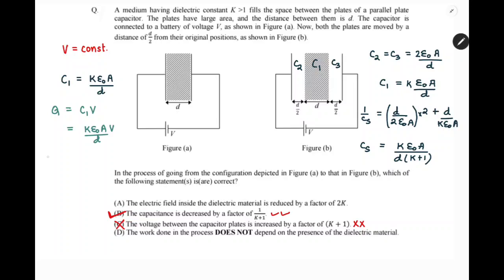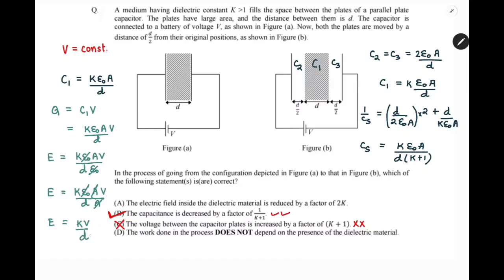If we calculate the electric field associated with this, the electric field is sigma by epsilon naught, where sigma is the charge divided by area. So we get K epsilon naught V by D, and then we divide by epsilon naught. Over here we get K times V by D.